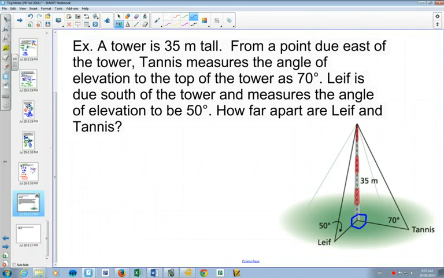What we want to solve for is the distance between Leaf and Tanis. So on our overall diagram, there are 3 right angle triangles.